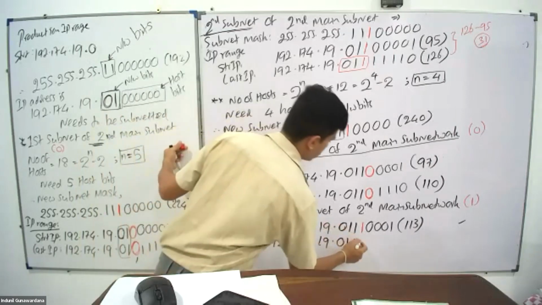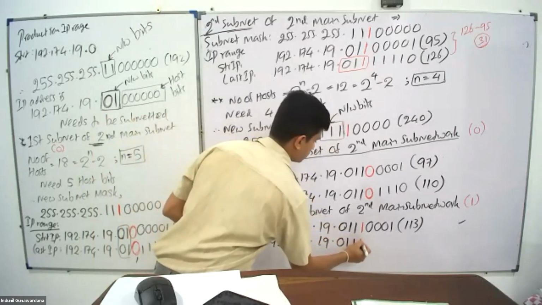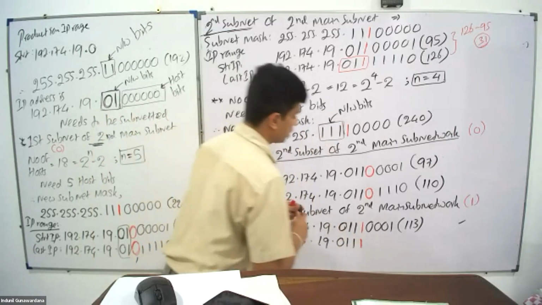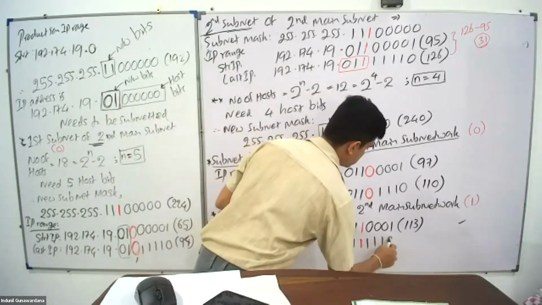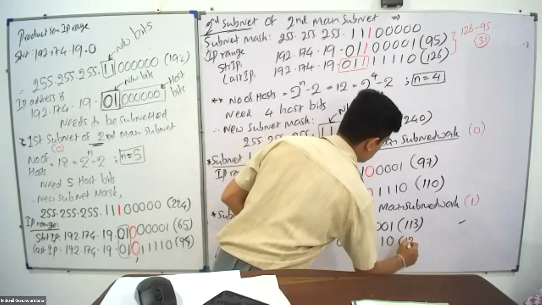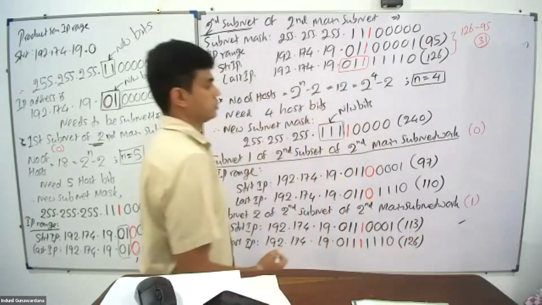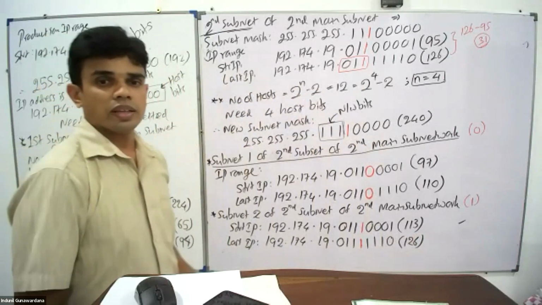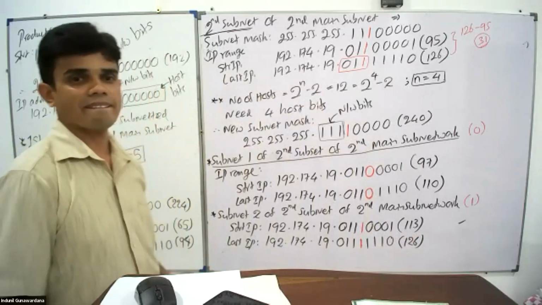This is still going to be 1. Then the last was 1, 1, 1, 0. It goes like 1, 2, 6. Now you got it. Correct?